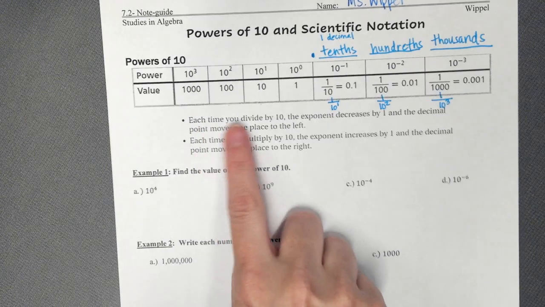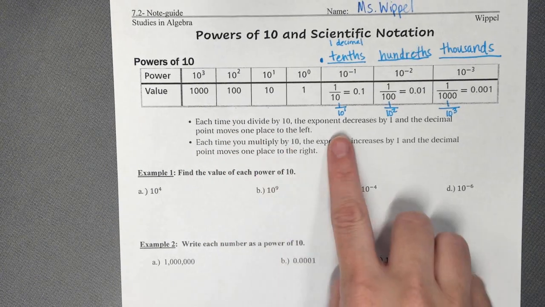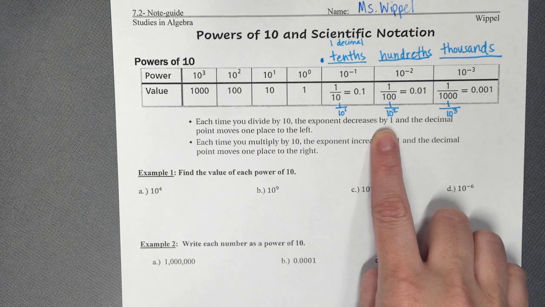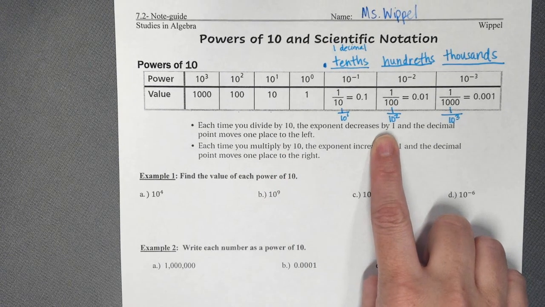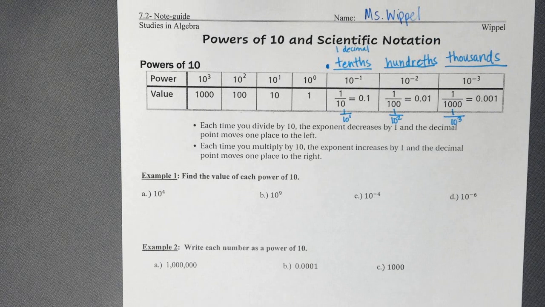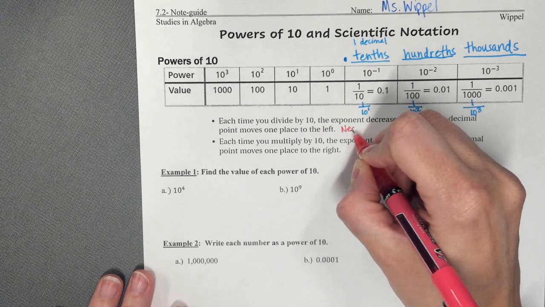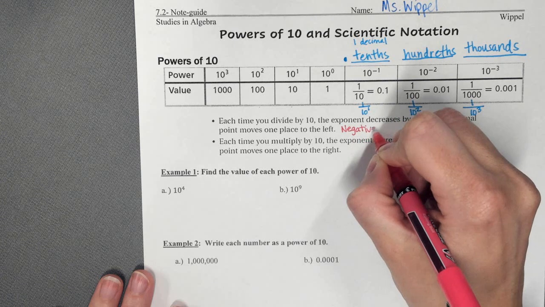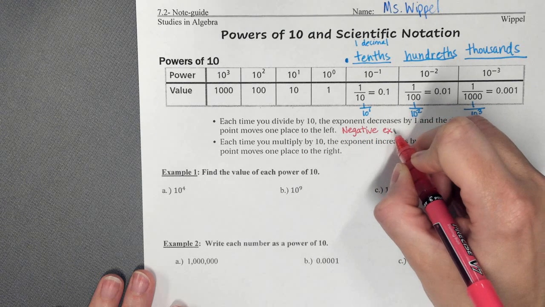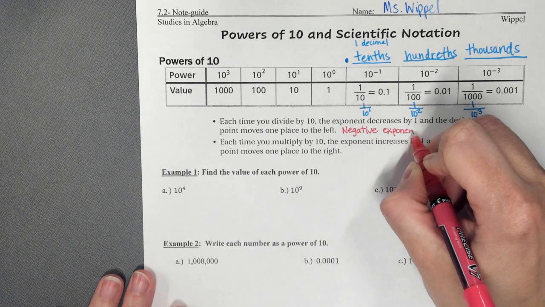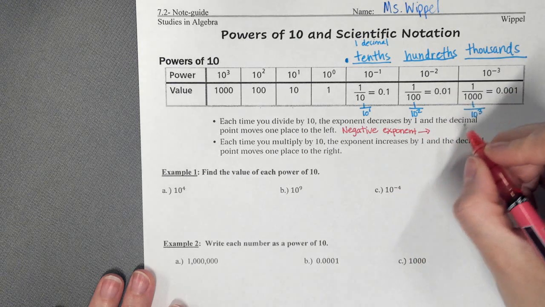Each time you're dividing by 10, the exponent is decreasing by 1, and the decimal moves one place to the left. So when you are dividing by 10, you have a negative exponent. Whenever there's a negative exponent, you are going to move the decimal to the left.